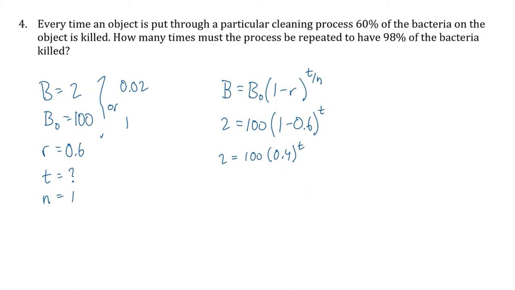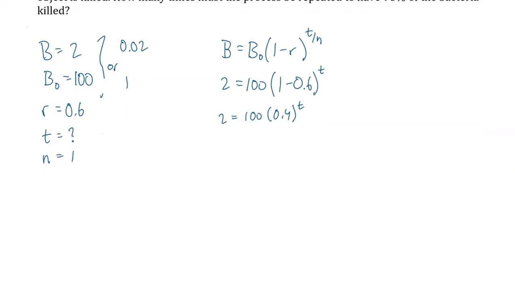So again, you've got to think about what's the rate, but then what actually goes into the brackets. Divide both sides by 100. Okay. All right.